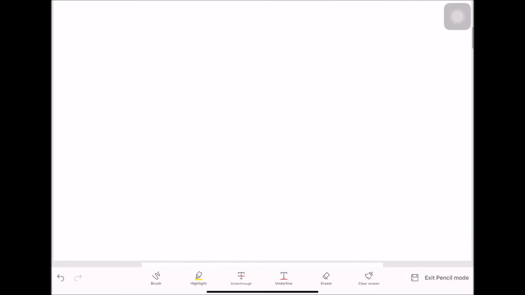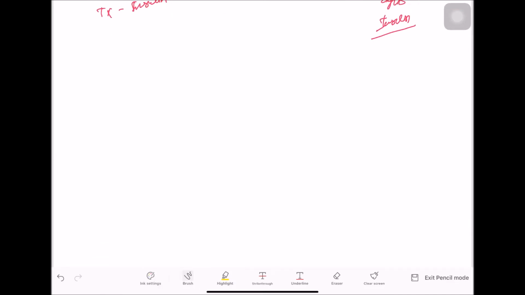Now we'll see what are the symptoms in a patient with diabetes mellitus. Polyuria, increased urination, polyphagia, polydipsia, increased thirst, and there will be weight loss.